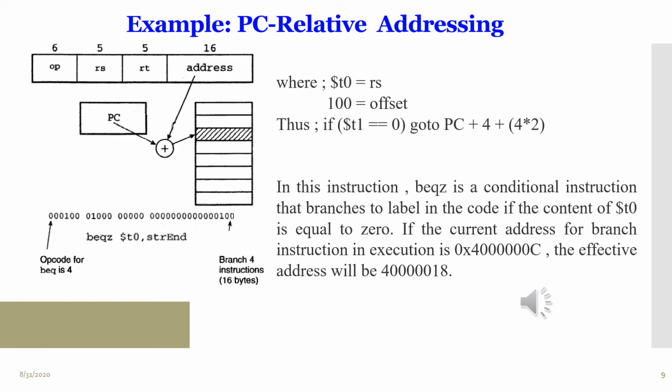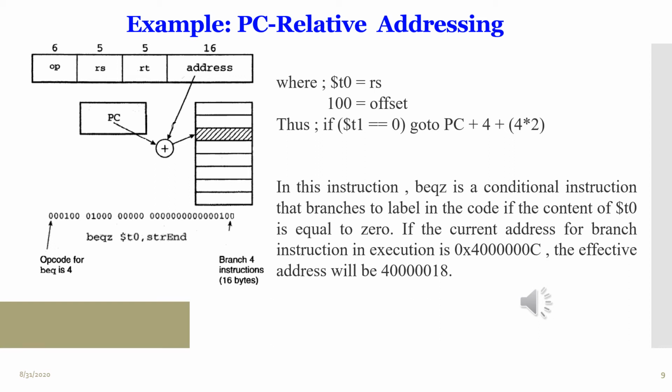Here $t0 is the source register, and the offset is the remaining field. Thus if $t0 is equal to 0, go to program counter plus 4 times 2. In this instruction, BEQZ is a conditional instruction that branches to a label in the code.